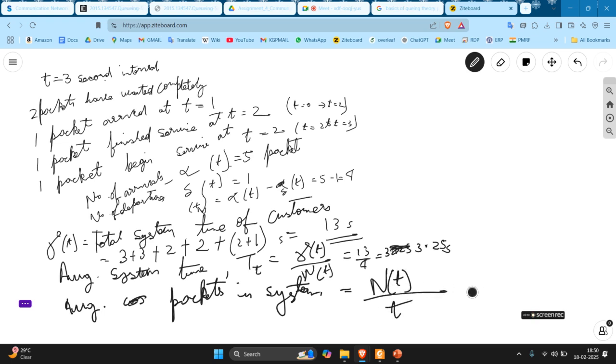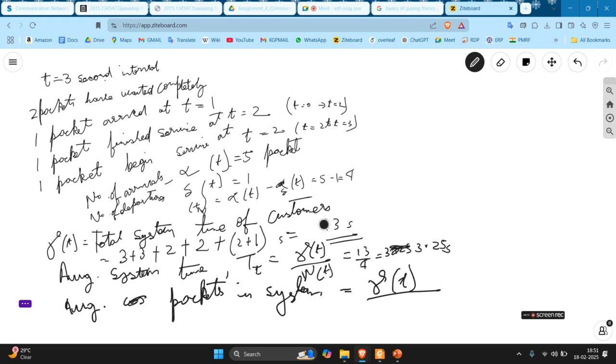So in our case, this will be, sorry, not NT by T, rather gamma T by T. Gamma T is basically the product of the number of customers and the time they have spent.